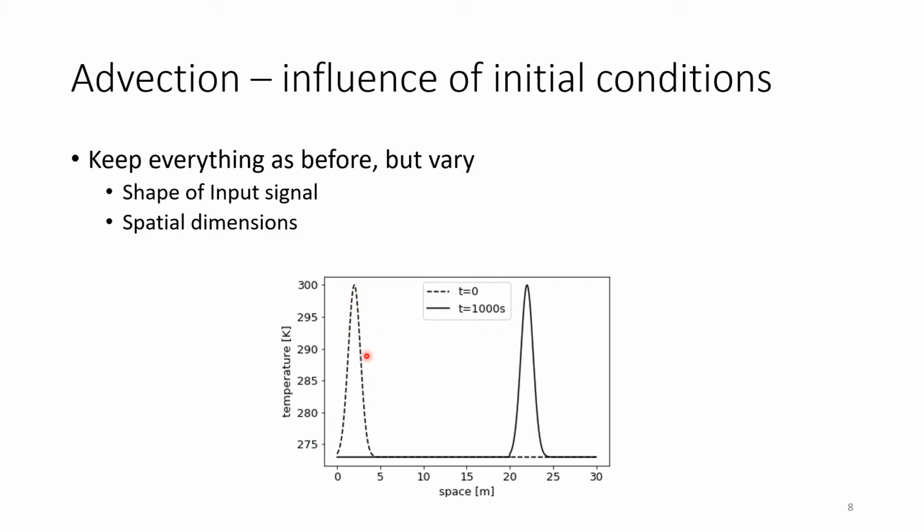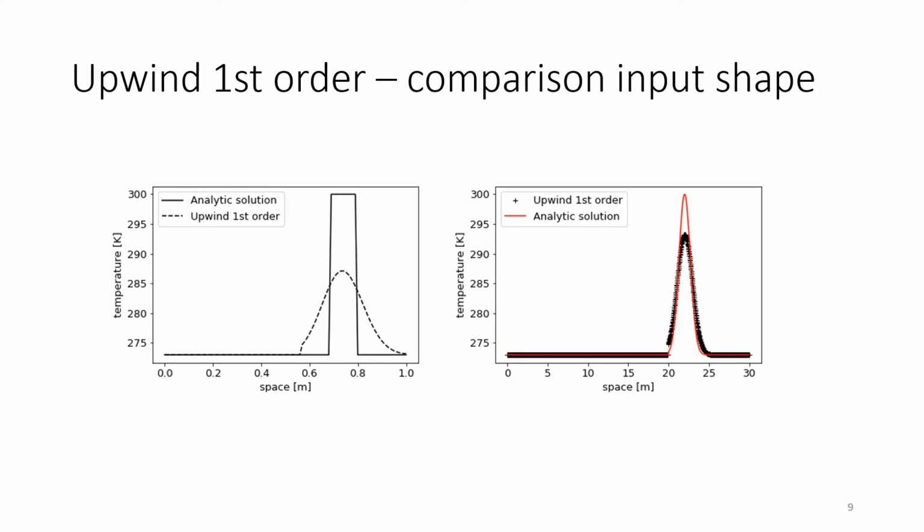I don't have this rectangular shape anymore. I have a more smooth peak signal. The analytical solution, well, it's still shape conserving, right? So I'm just moving the same structure to the right. Not a big deal, you would consider. But this is how it looks numerically.